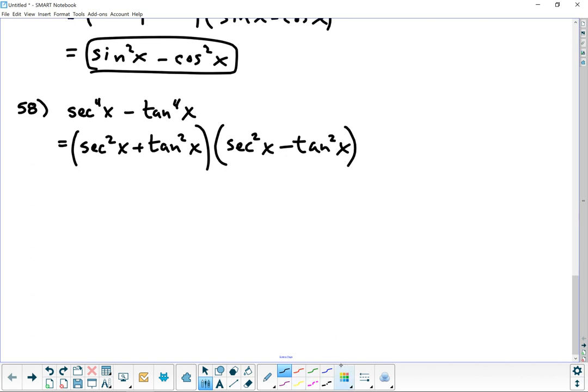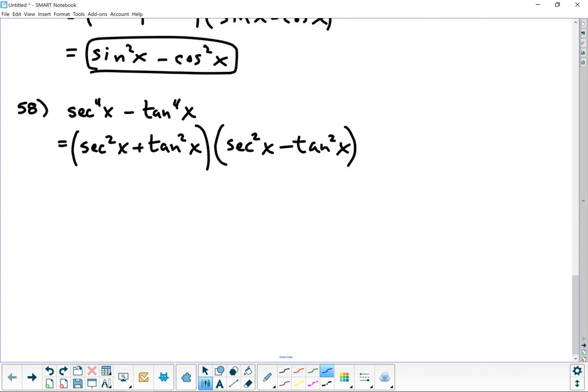The trig identity we need is the secant square x one. Let me see how I wrote it in class.